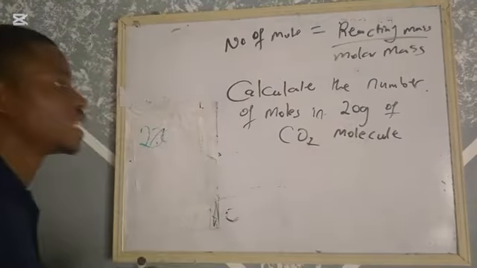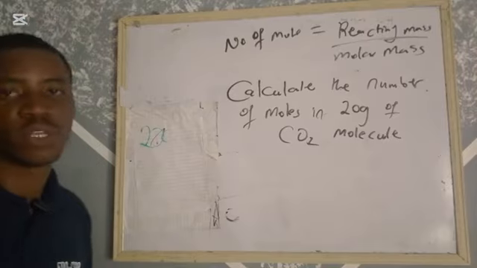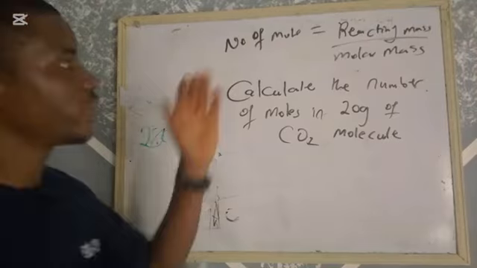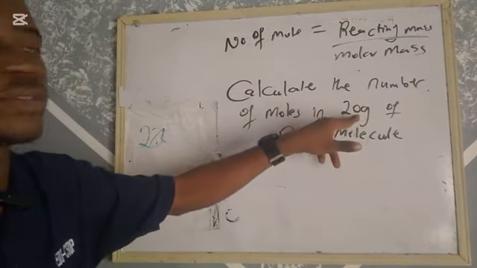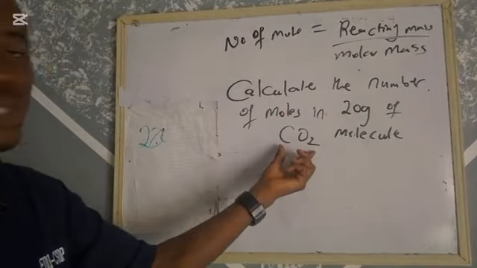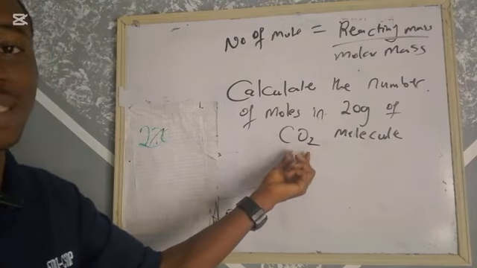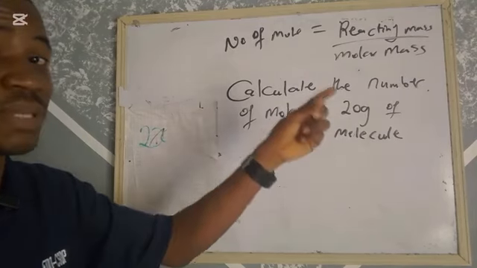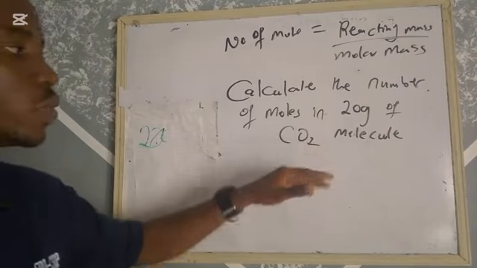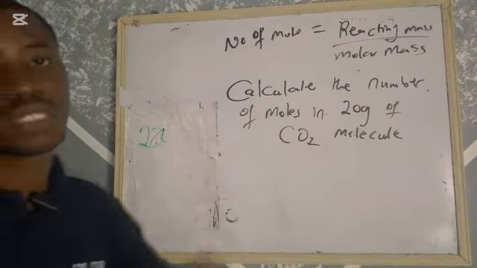The number of moles in 20 grams of CO2 molecules. All you need to do: the reacting mass is given in the question. The molar mass, I told you how to get it. You only need to find the relative molecular mass. The relative molecular mass expressed in gram is simply the molar mass. So everything is complete. You know what to do. Get your answer and put it in the comment section.